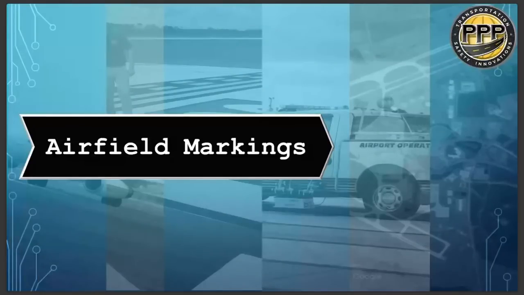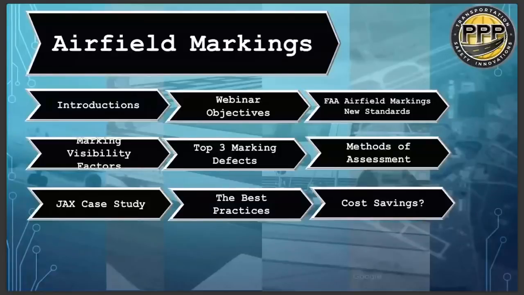Today's webinar has 9 segments. One is a little bit of introductions, who we are, who I am, Mike, maybe a little about our companies, but also what our objectives are on this webinar. Then the FAA airfield markings, the new standards released in December of 2018.